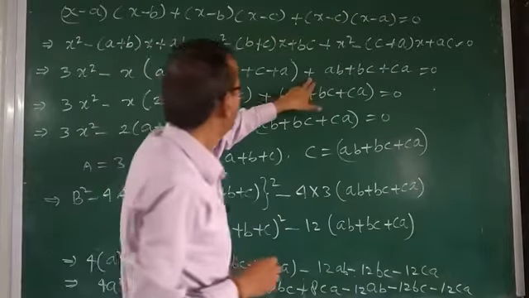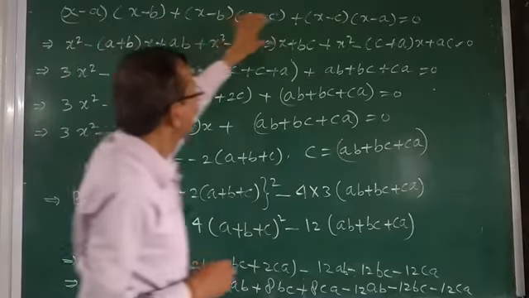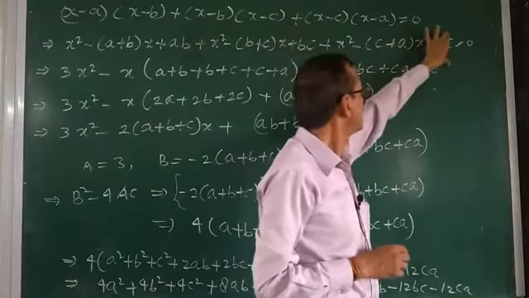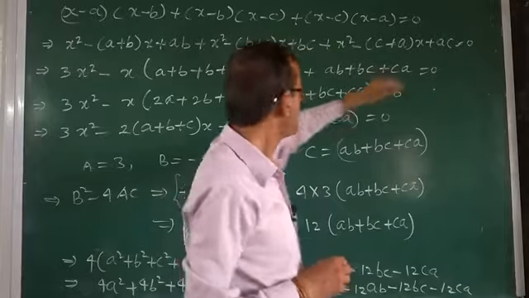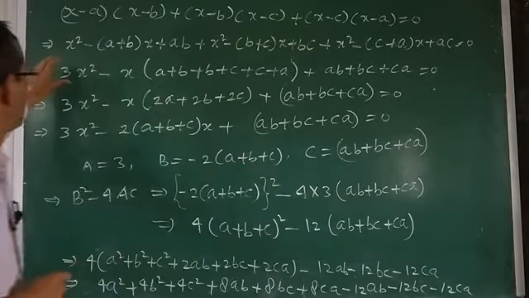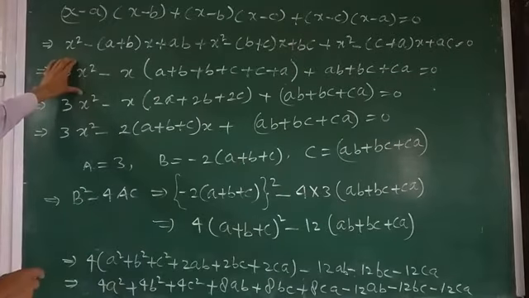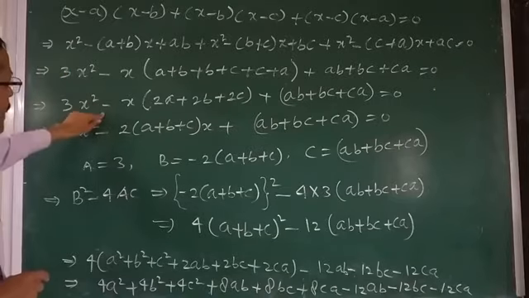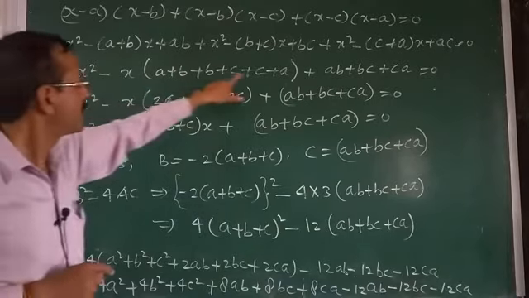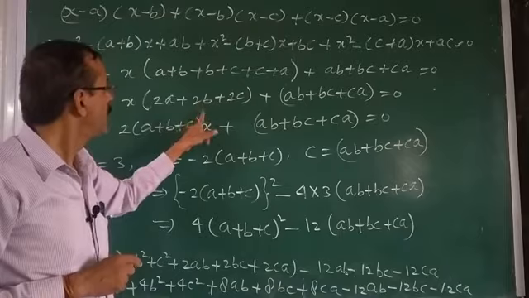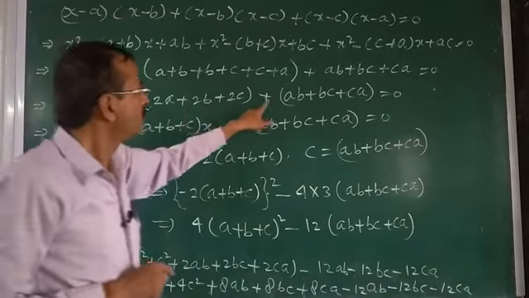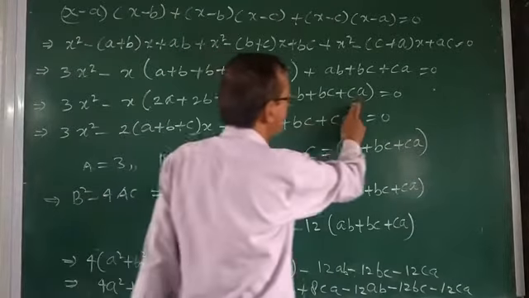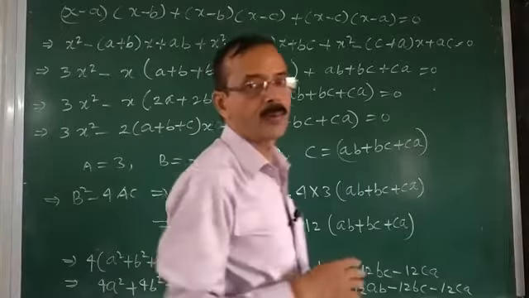Now plus the remaining ab plus bc plus ca. So 3x square minus x(2a plus 2b plus 2c) plus ab plus bc plus ca is equal to 0.